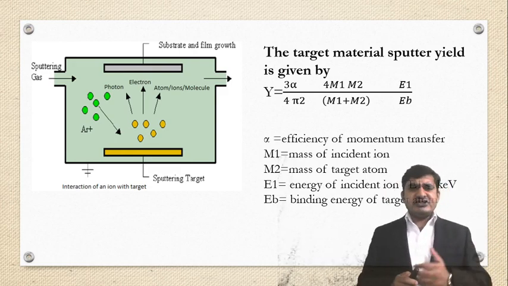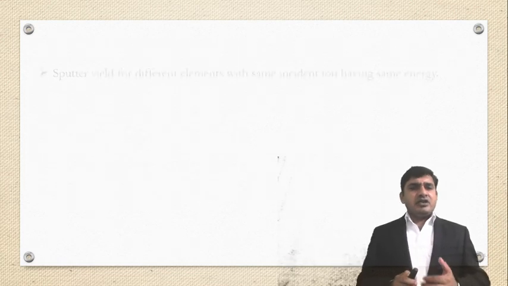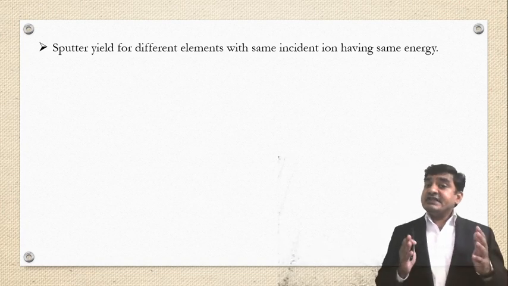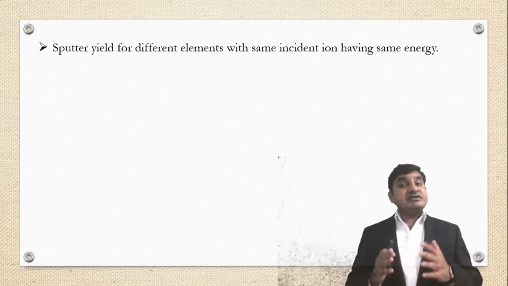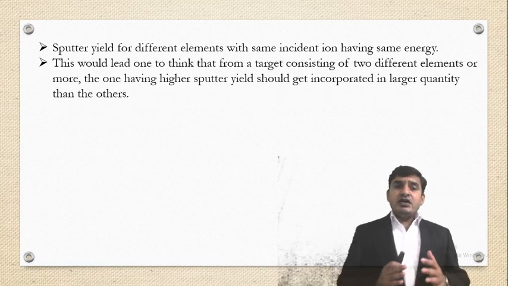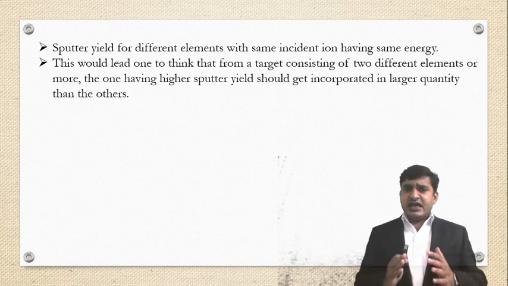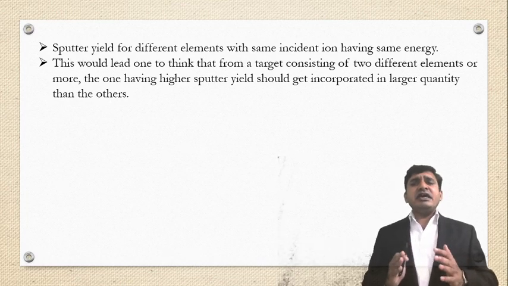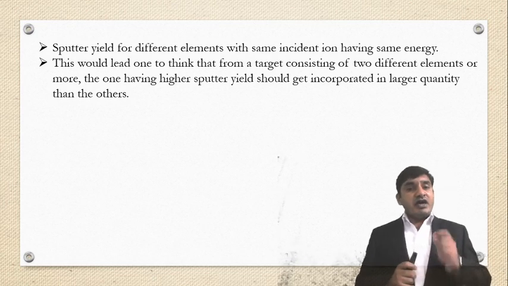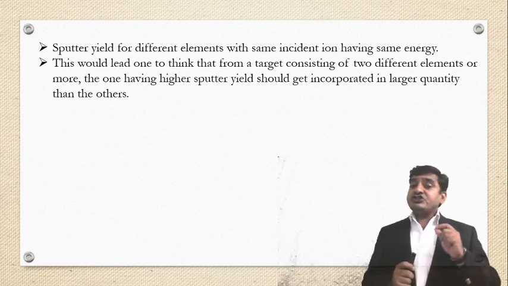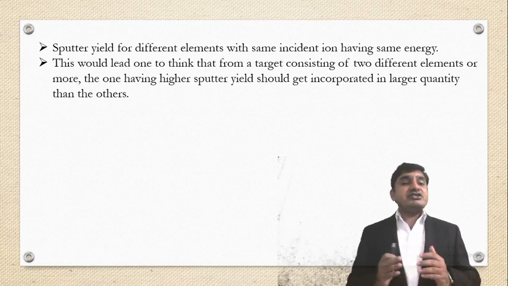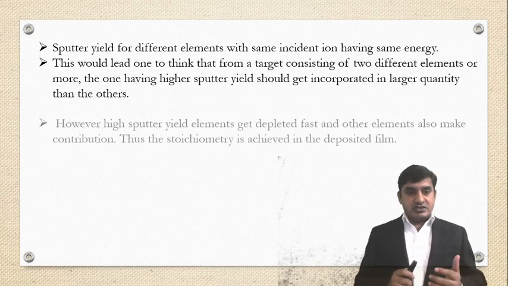Now, the sputter yield for different elements with the same incident ion energy differs. This would lead one to think that from a target consisting of two or more different elements, the one having high sputtering yield should get incorporated in larger quantity than the other.